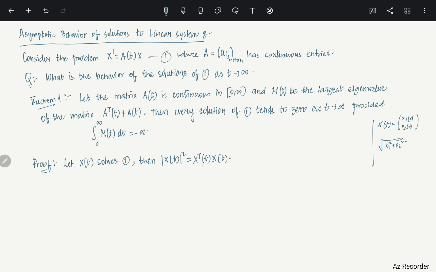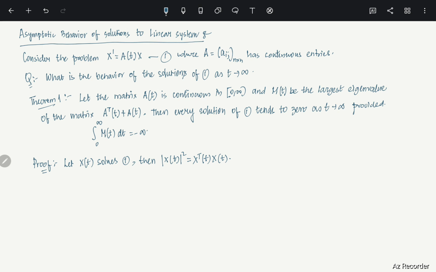Now you can break it into the row (x1, x2) and the column (x1, x2), and if you multiply it, it is going to be this thing. Sorry, the root is not there because the square is there, right? So you can see that this is true.